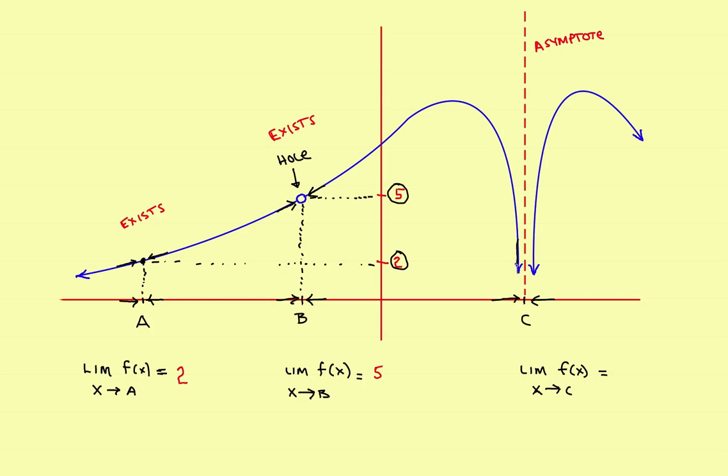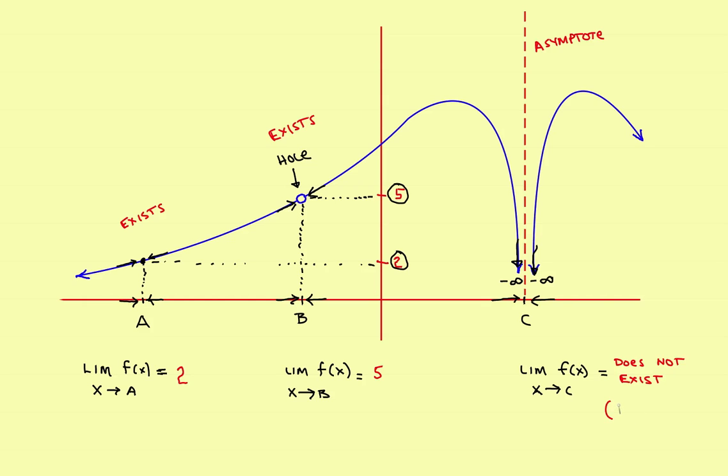This one is going down toward negative infinity. This one is also going down toward negative infinity. In this case, the function is not settling on a single fixed number, so you would have to conclude that the limit does not exist. So the limit at an asymptote does not exist.